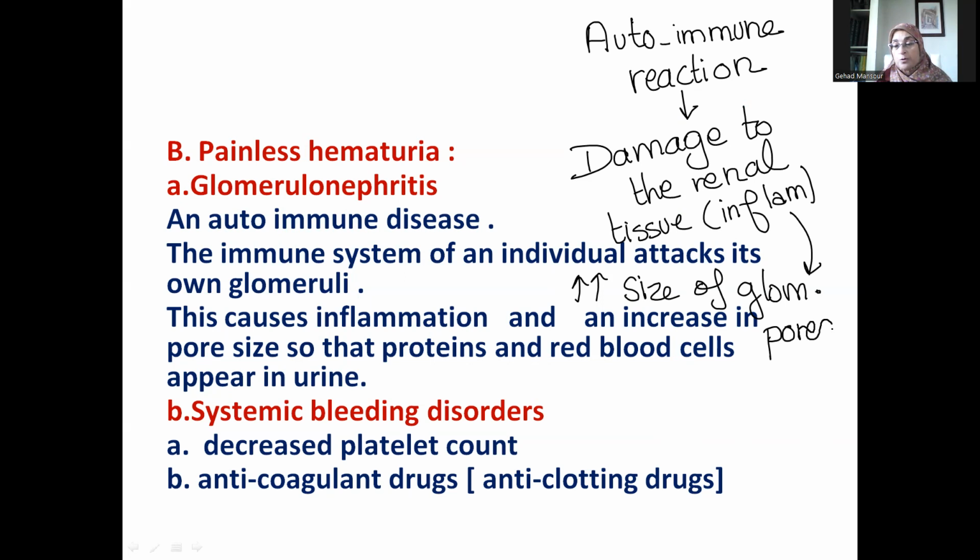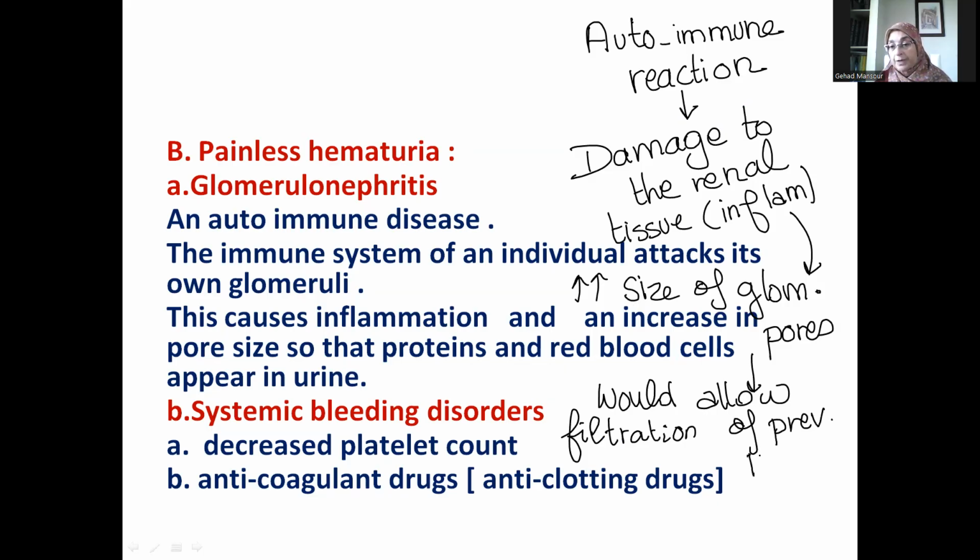If the glomerular pores or fenestrations are now larger in size, they would allow filtration of large molecules and particles that were previously prevented. What are the previously prevented particles or structures?